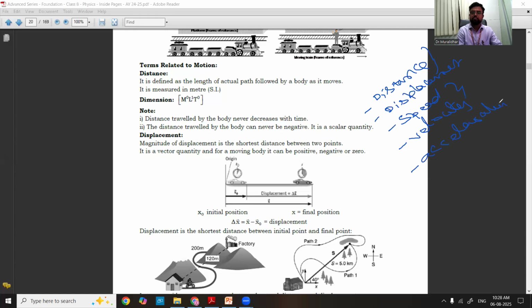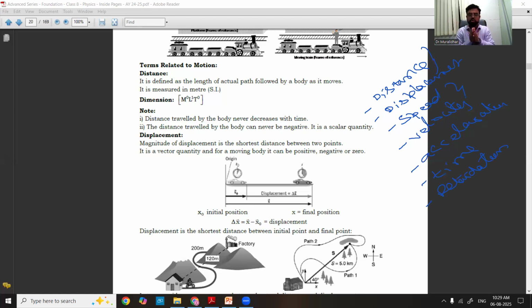When a body is moving, acceleration also will be there. It takes some time. Time also will run when a body is moving. So these are some terms we will come across when the body is in motion, or there can be retardation, that is decreasing of acceleration. So these are all the terms related to motion. Why are they called related to motion?